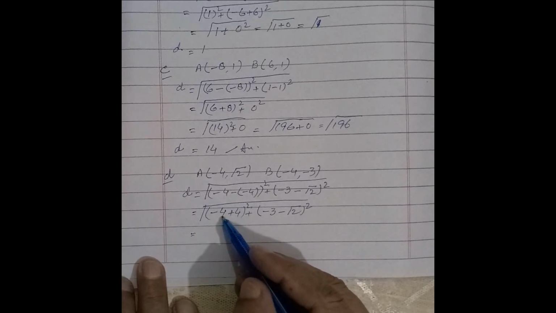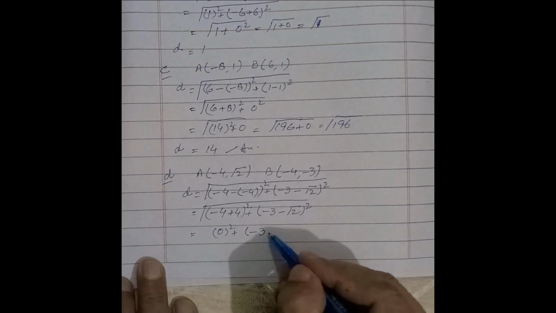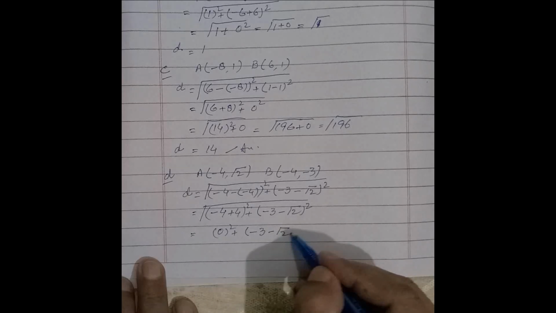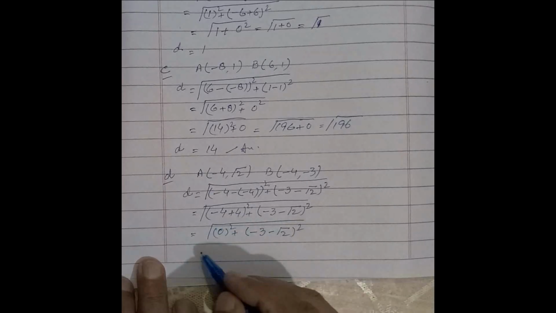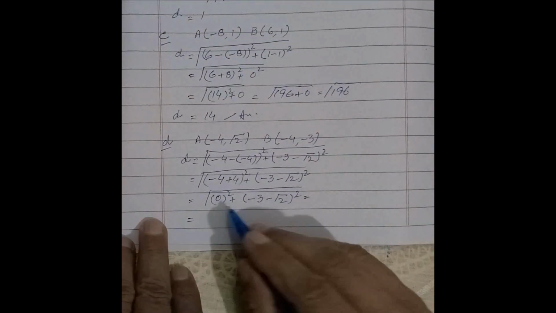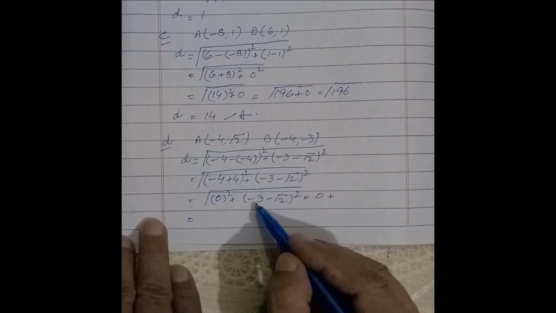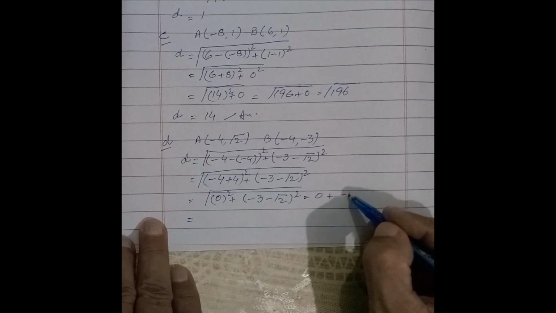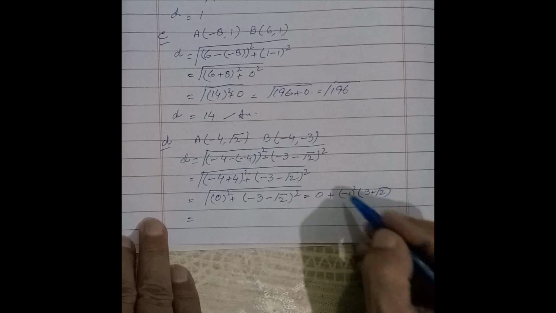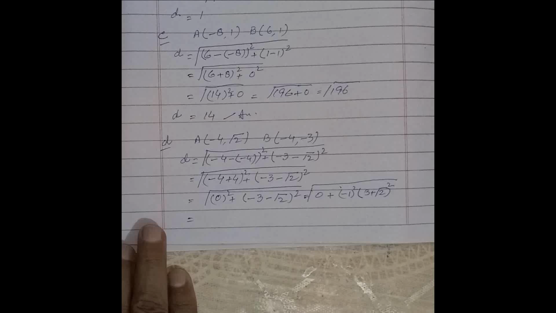And the answer is -4 plus 4 is equal to 0 whole square plus -3 minus square root 2 whole square. And we add the values, 0 square is equal to 0, plus we take common minus from these values, we get -1 whole square and 3 plus square root 2 whole square, and square root.